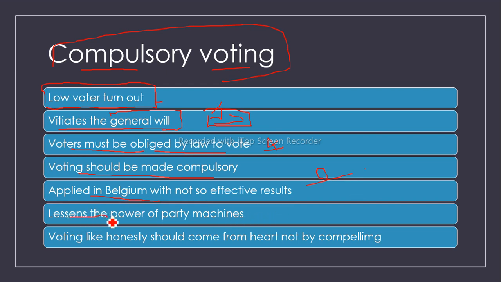But what happens is that it lessens the power of the party machines, because what happens is that the party that formed the government secured a majority and the opposition party lost. Why?